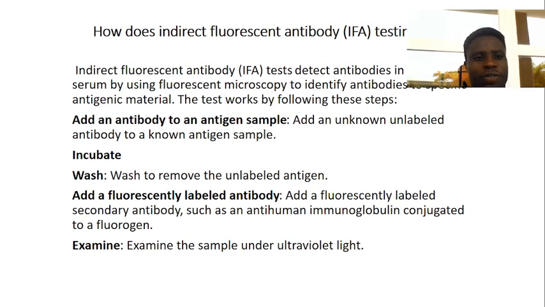For the indirect immunofluorescence test, they detect the antibodies in the patient serum using immunofluorescence microscopy. The first step is to add an unknown antibody to a known antigen sample.